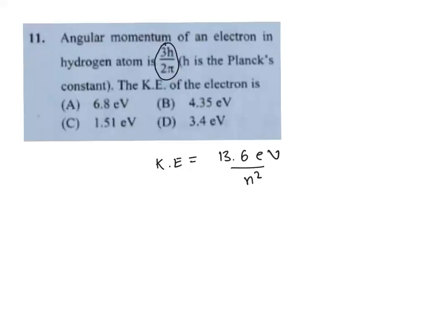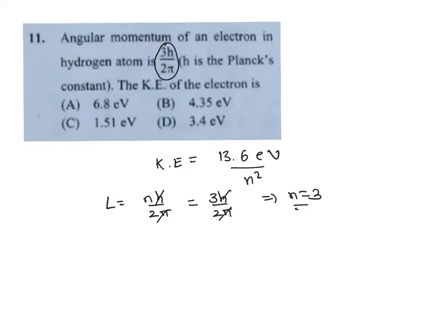The angular momentum L is equal to nh divided by 2 pi, which is given as 3h divided by 2 pi. So h cancels, 2 pi cancels, and we are left with n equal to 3. So the number of the orbit is the third orbit.